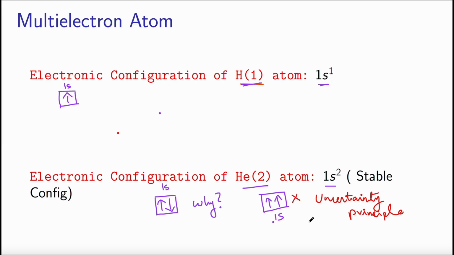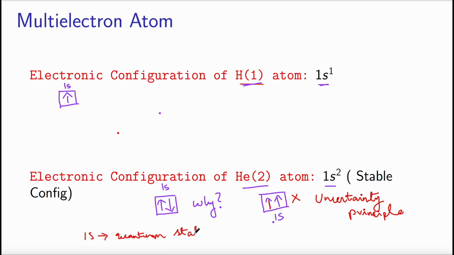So, where is the problem? 1s is a quantum state, isn't it? 1s is a quantum state, right?